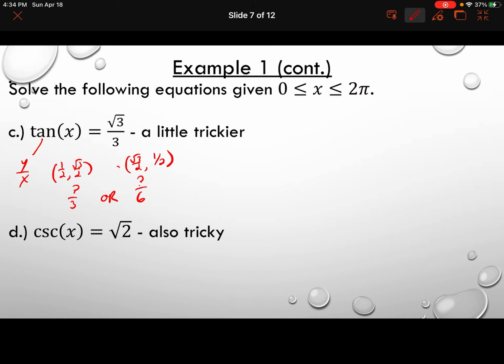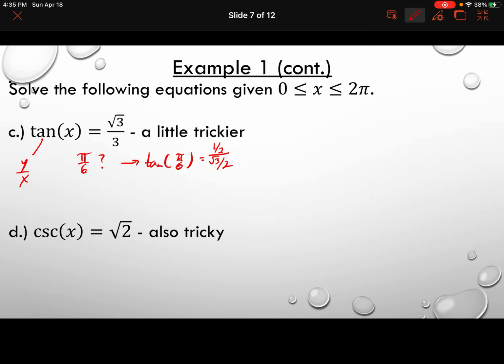Like I said, trial and error. So let's try the pi over 6 one first. Let's test it out. The tangent of pi over 6 is y over x, so the y value is 1/2 and the x value is square root of 3 over 2.